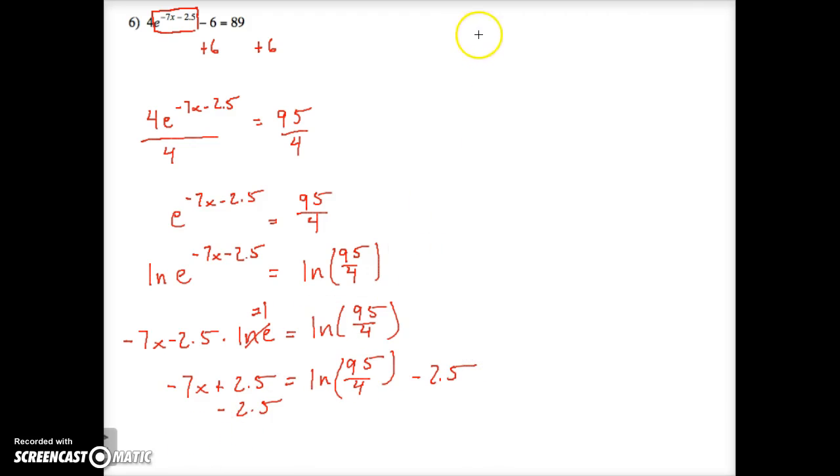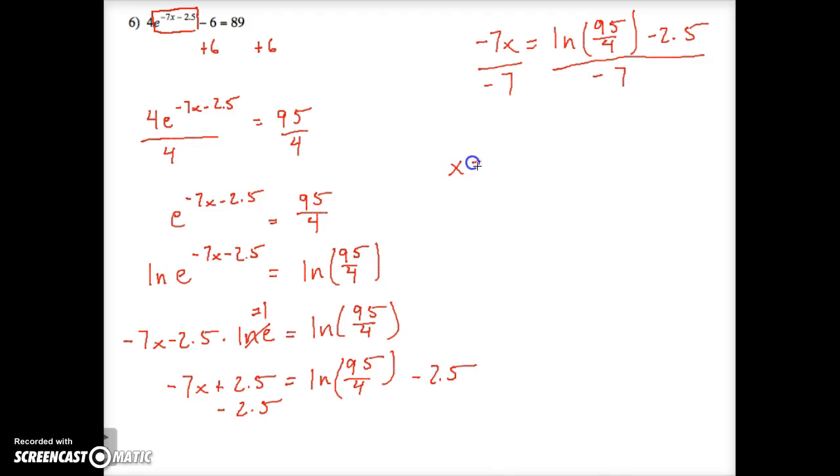And again, we're going to solve for x, so I'm going to add 2.5. So I get negative 7x equals the natural log of 95 fourths plus 2.5. Now I can divide both sides by negative 7.